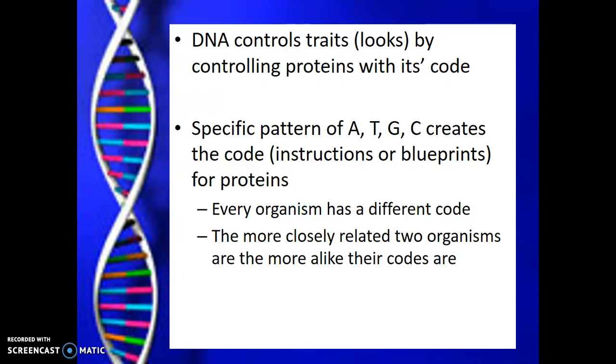So for example, you and your brother, your genetic code is super, super similar because you're so closely related. It's like 99.9% the same. But our closest living relative that is not a human is the chimpanzee. We're 97% similar in our A's, T's, G's, and C's.